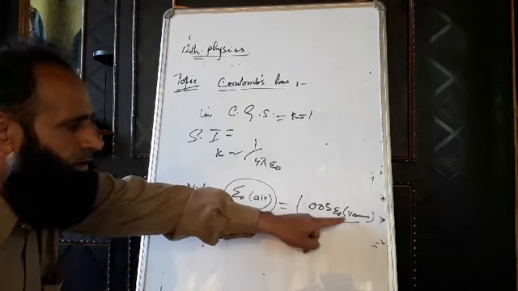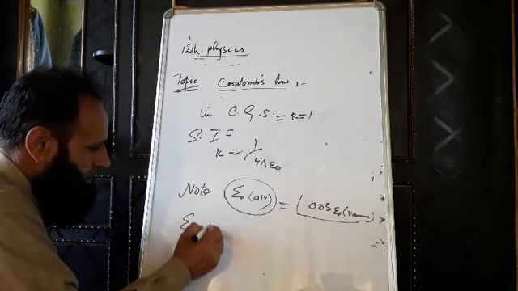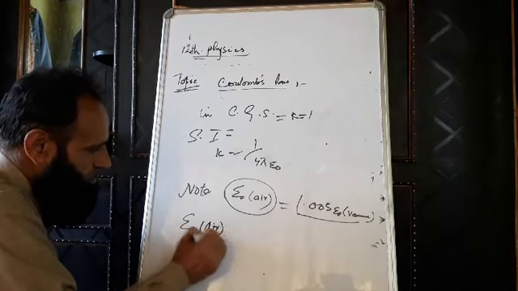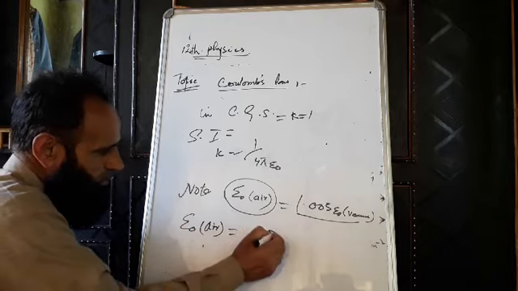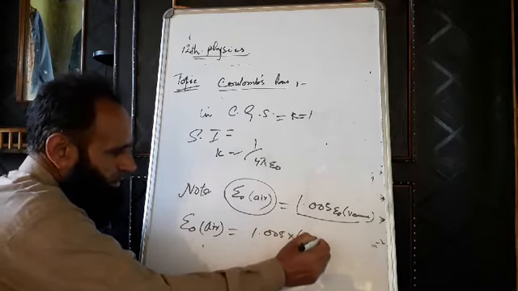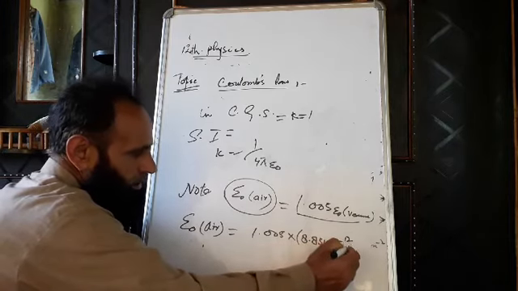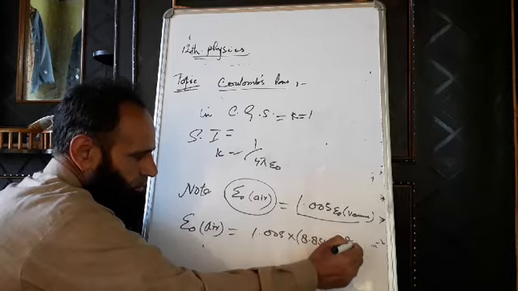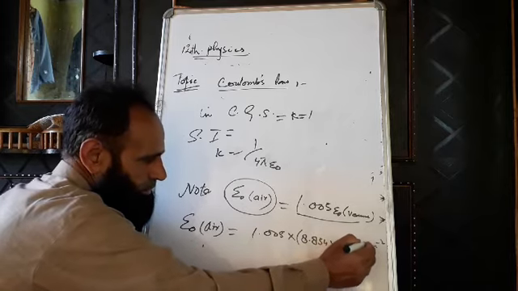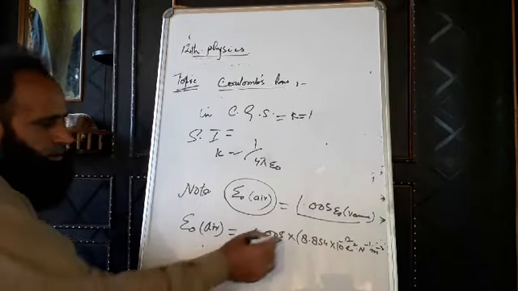So epsilon naught in air would be equal to 1.005 multiplied by 8.854 into 10 raised to power minus 12 coulomb square per newton meter square.